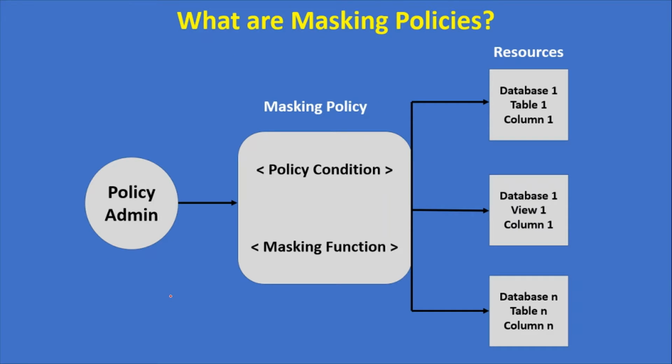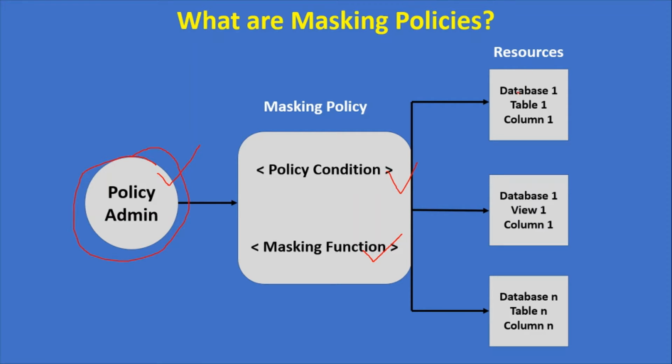Here the diagram shows how we are going to apply the policies. We have to create a policy admin role. With that, we have to create a masking policy, within that masking policy, a condition and or masking function. This masking policy can be applied to resources.